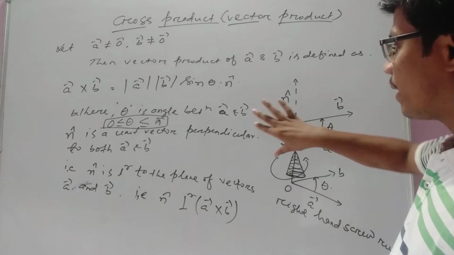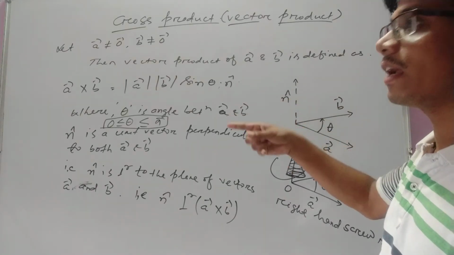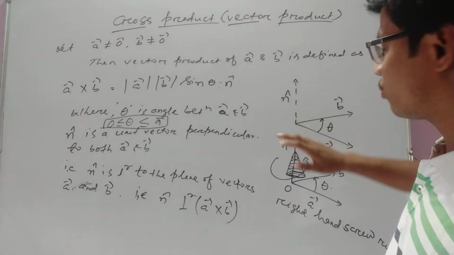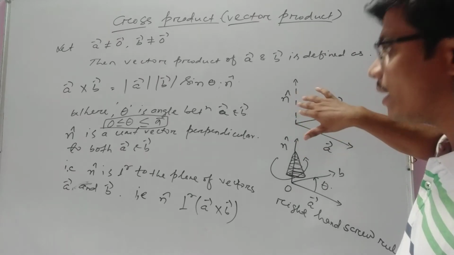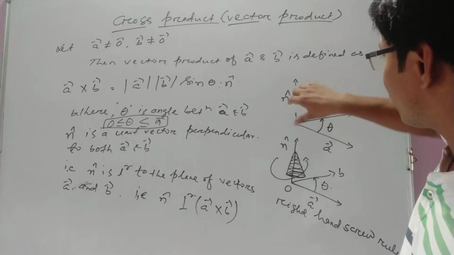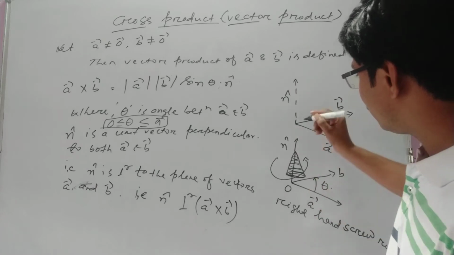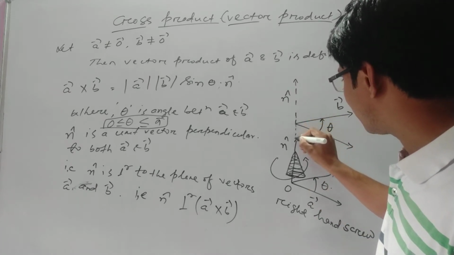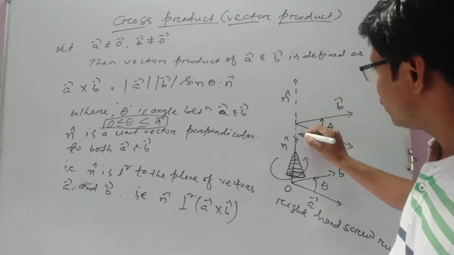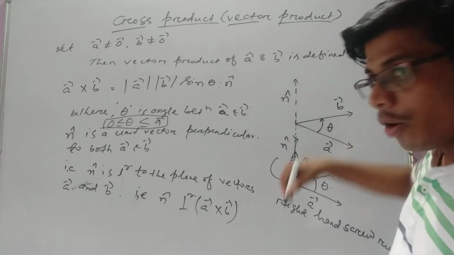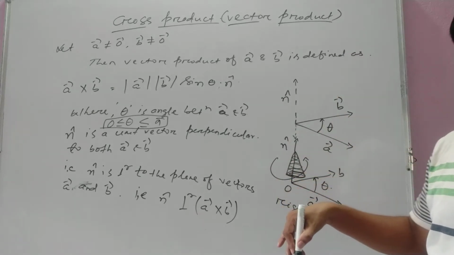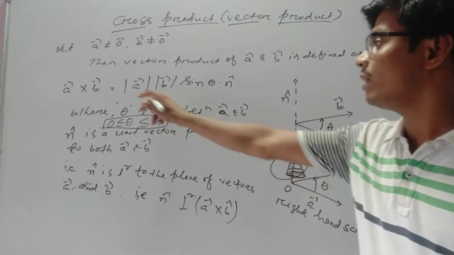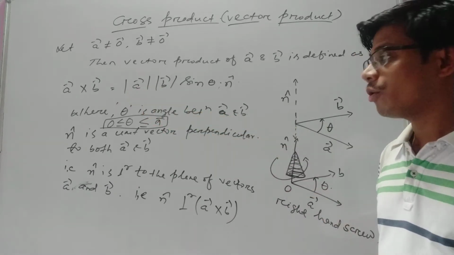When we rotate in the minus direction, that is, if the angle is negative, we rotate in the clockwise direction. When we rotate in the negative clockwise direction, the n cap will show in the downward direction. So in this case we get the negative sign of A cross B.